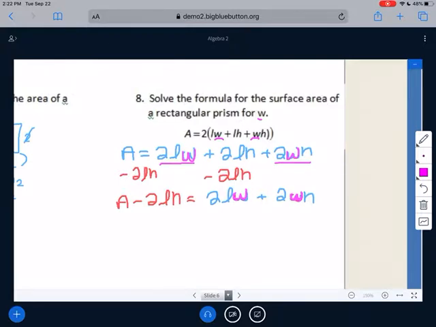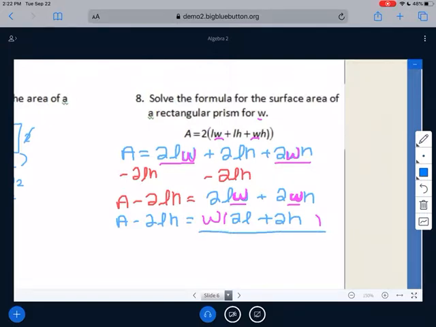The very, very first week of school, I taught you guys about GCF. So the W in this problem is a GCF. It's in both terms, so we're going to factor it out. And then W's being multiplied by that stuff.